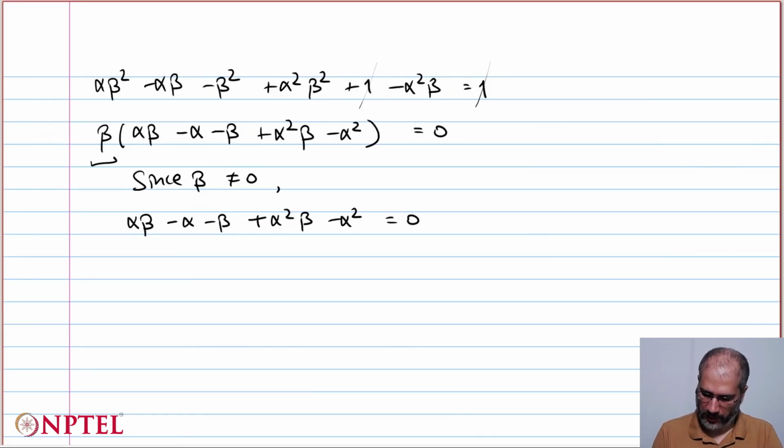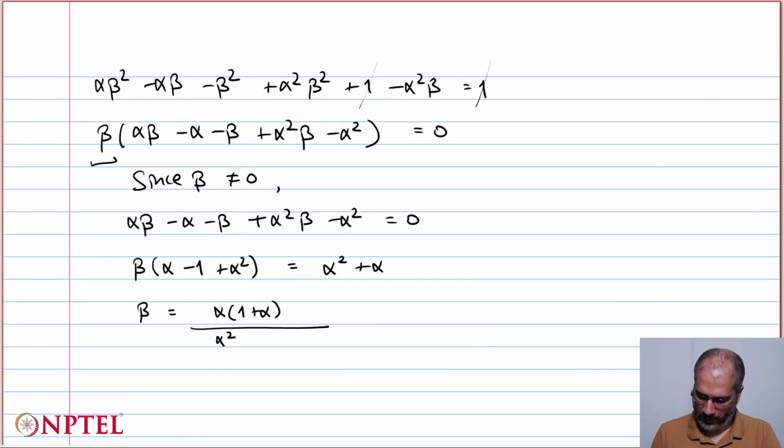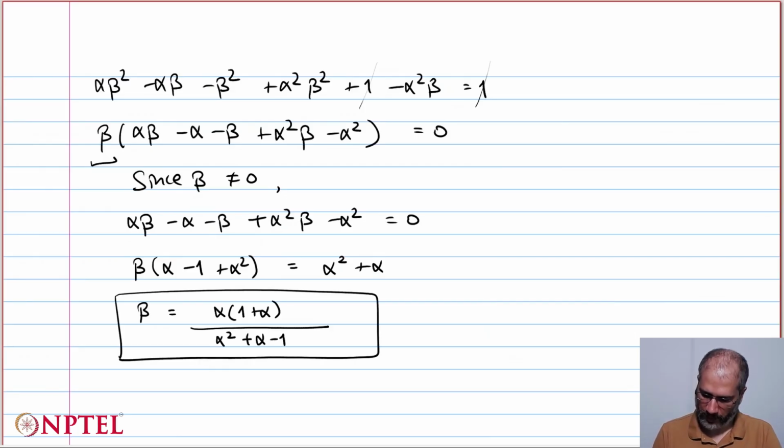So I can separate the beta terms on the left. So I get beta times alpha minus 1 plus alpha squared is equal to alpha squared plus alpha. That gives me beta as alpha into 1 plus alpha upon alpha squared plus alpha minus 1. So this is the solution to this problem.